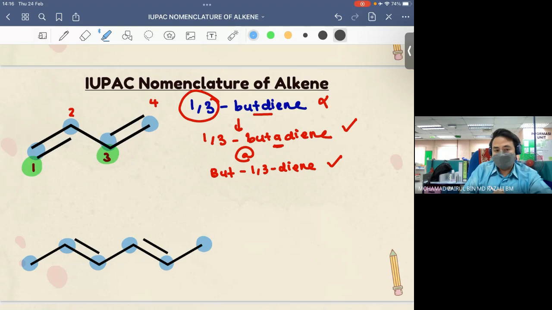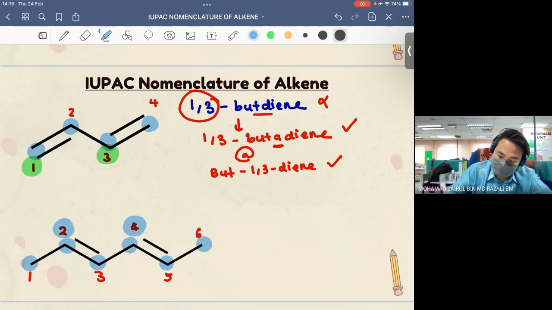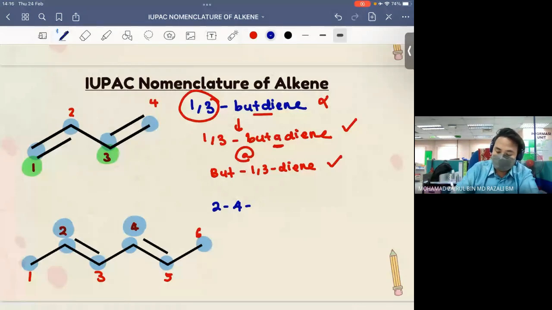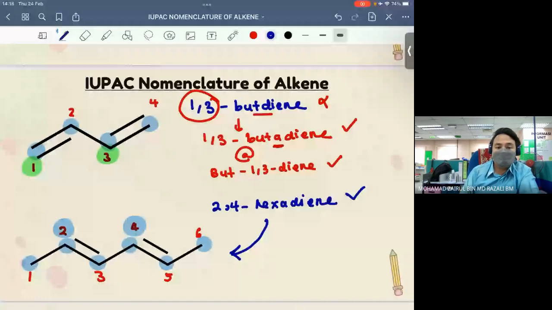If you look at the structure, from any direction the double bonds get the same numbers. So 1, 2, 3, 4, 5, 6. The double bonds are at carbon number 2 and carbon number 4. So it will be 2,4. Sorry, I made a mistake. So 2,4-hexadiene. This is for this one. If triene, it is the same. It will be hexatriene. It is like that.